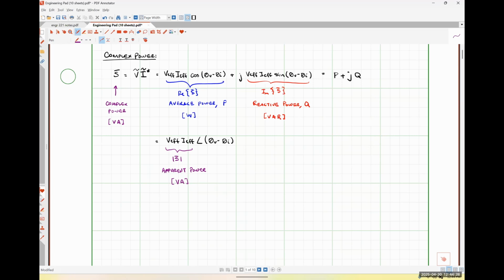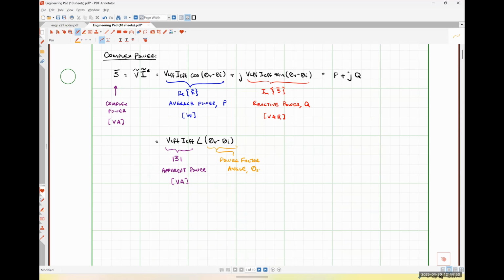The angle here is typically referred to, and I'm going to move this over to the side, as the power factor angle. And it's given the symbol theta S, okay?